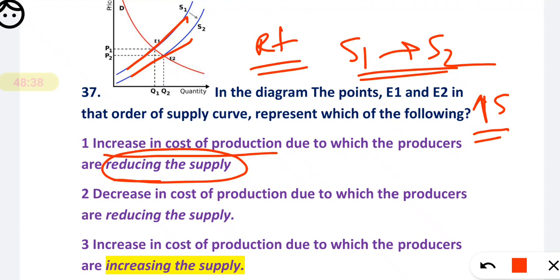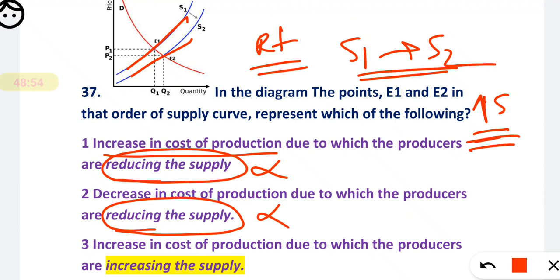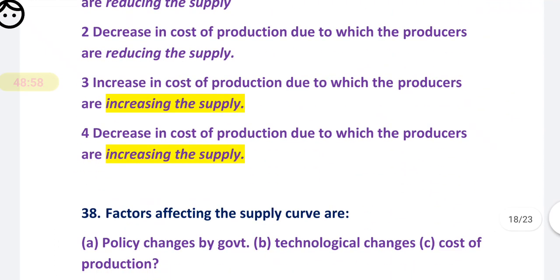Here the supply curve shifts from left to right, so definitely there will be an increase in supply. So the first option is eliminated. See the second option: decreasing cost of production due to which producers are reducing the supply. Is it reducing the supply? No. So the curve is shifting left to right, there will be an increase in supply, so we will eliminate the first and second options.